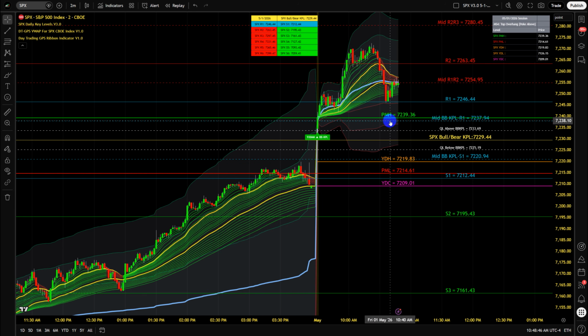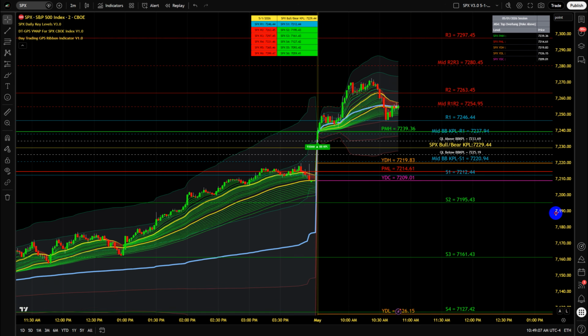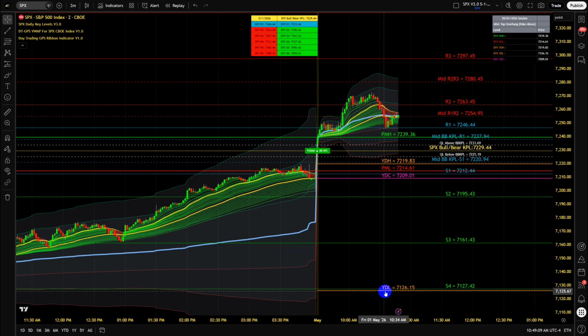The contextual key levels are going to be your pre-market high, PMH, pre-market low, PML, YDH, which is yesterday's daily high, that's the previous day's RTH session high, YDC, which is yesterday's daily close, the previous session's RTH session close, and then if we look further down, we'll see the YDL, which is yesterday's daily low, the previous session's RTH session low.